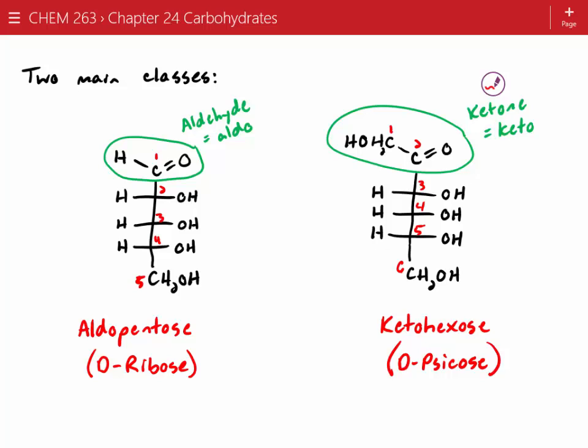So there are two main groups of sugars, and this family tree will help guide you in terms of the specific designation. One thing you may notice on the family tree that I handed out is that this bottom right alcohol is always, always, always on the right. And so in particular, we call these D isomers. It's just the suffix for carbohydrates.